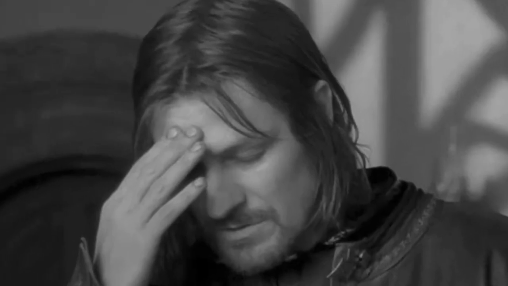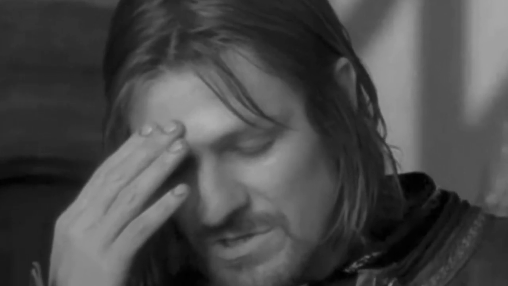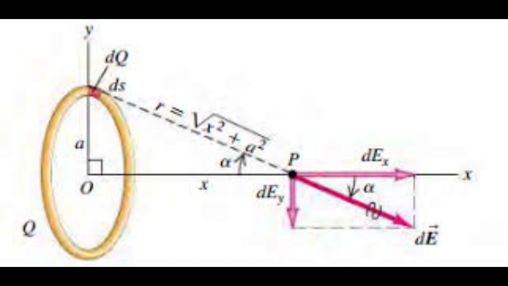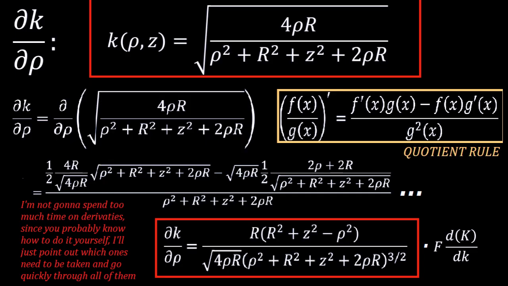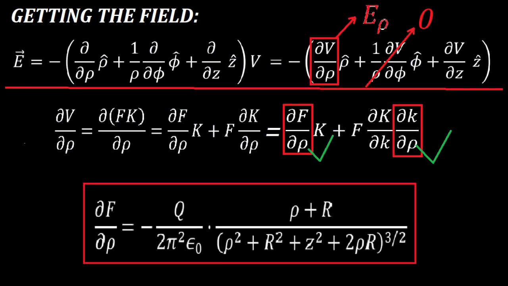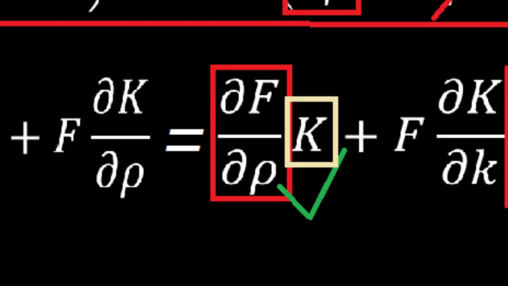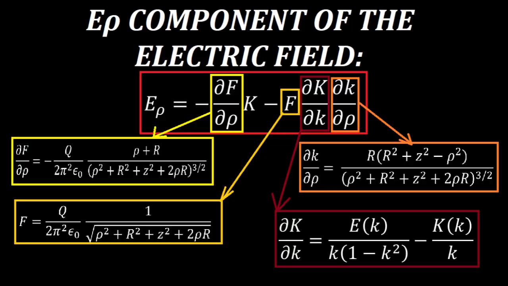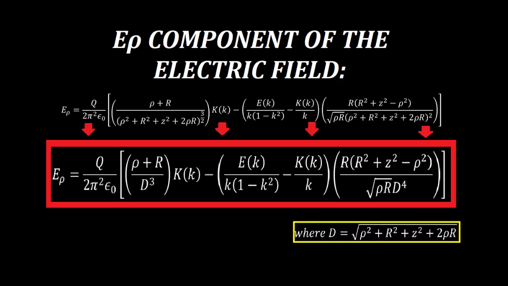You can see now why you only calculate the field on axis in your physics courses. But even this isn't the whole thing, because part of this component is also the df by d rho part we did first, times the elliptic integral. Putting everything together, we get this beast as the rho component of the electric field.